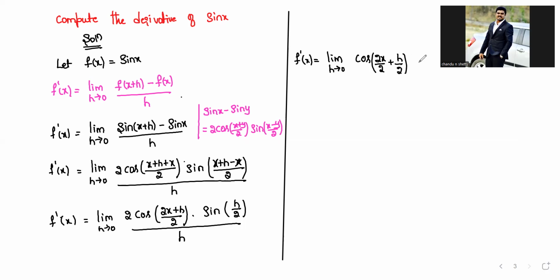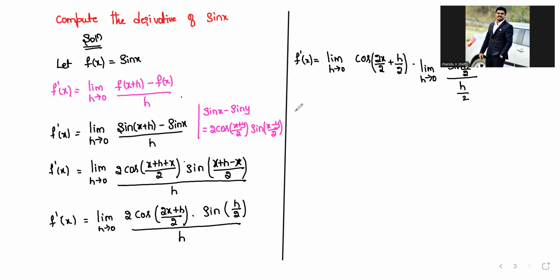I split the denominator into limit h tending to 0, sin h by 2 by h by 2. This 2 I am taking to the denominator, divided by 2. Is it clear to all of you?